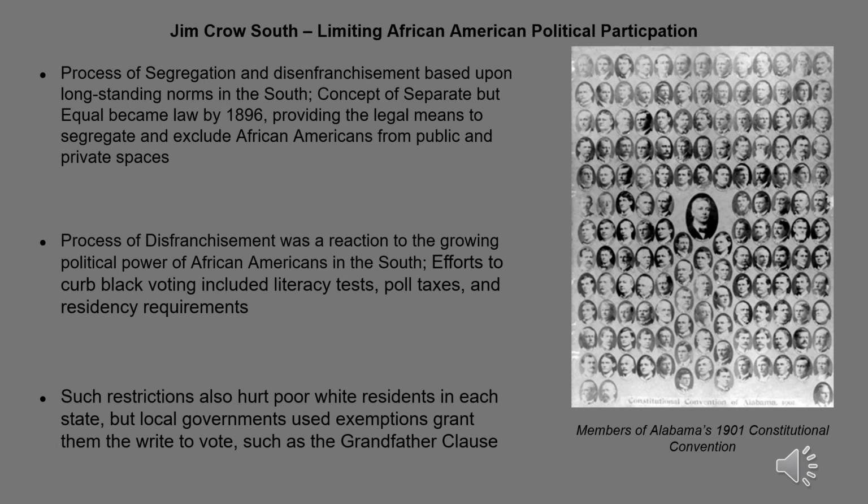And to give you an idea, by 1901, whenever Alabama passes its state constitution, African American registered voters had fallen from about 100,000 in the years prior to under 4,000 by 1901. So this gave the white community the political power it would need to maintain its position in the years moving forward.